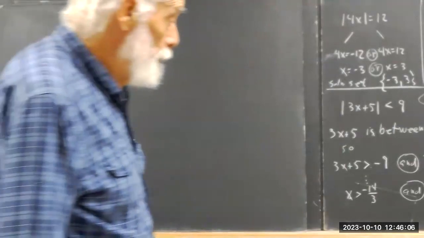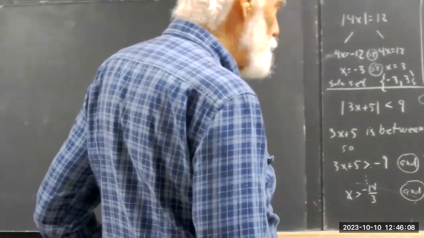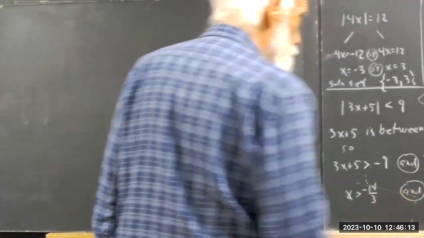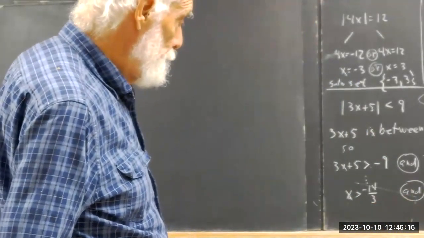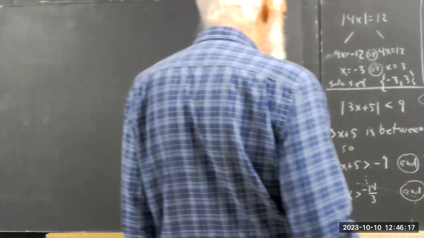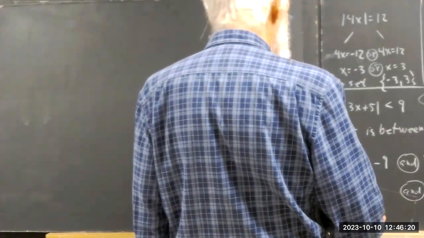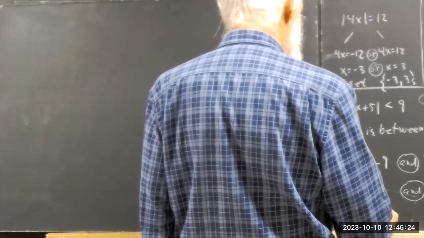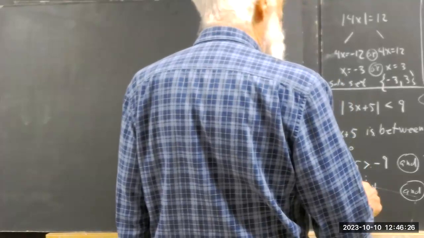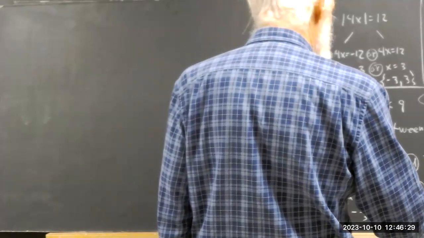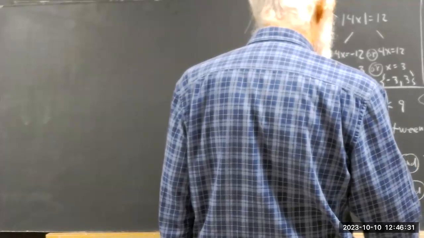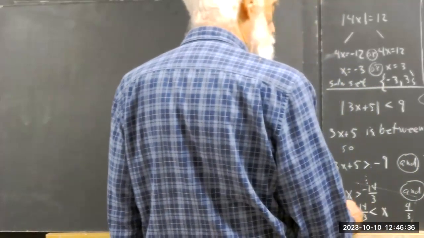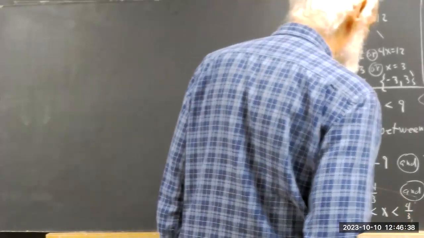So I'm not going to belabor just solving what's just a linear inequality. But we've got two of them here, and they're connected by this and. This means we could write this as a compound inequality. It means x is between negative 14/3 and 4/3. There's x. It's got to be greater than this one and less than this one.